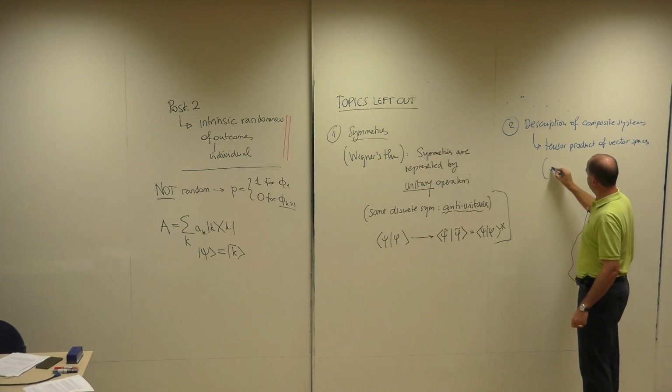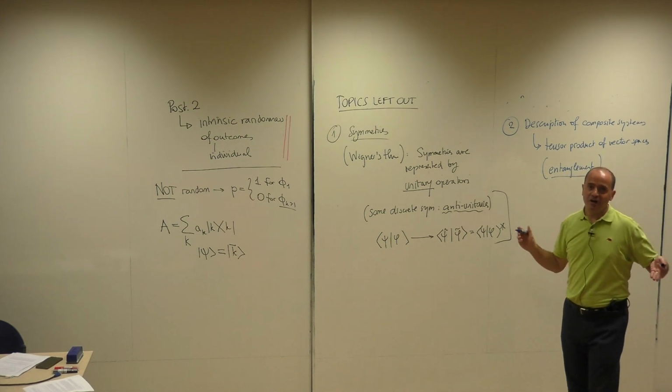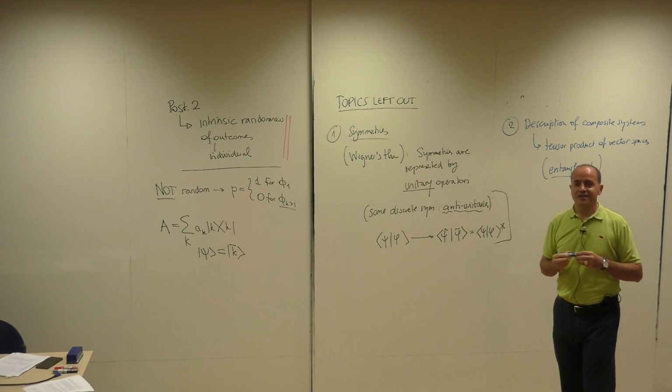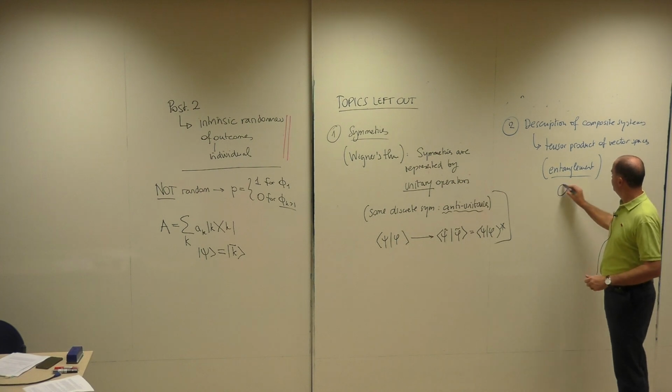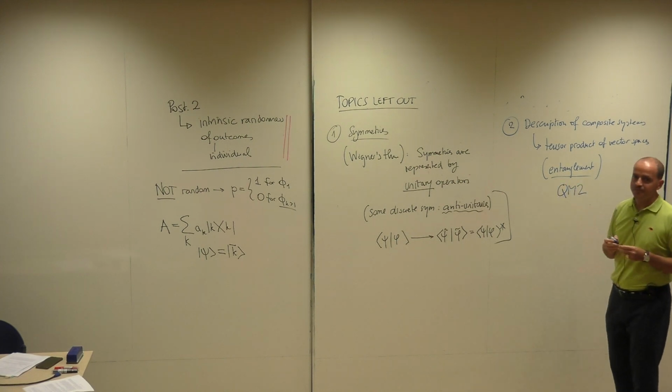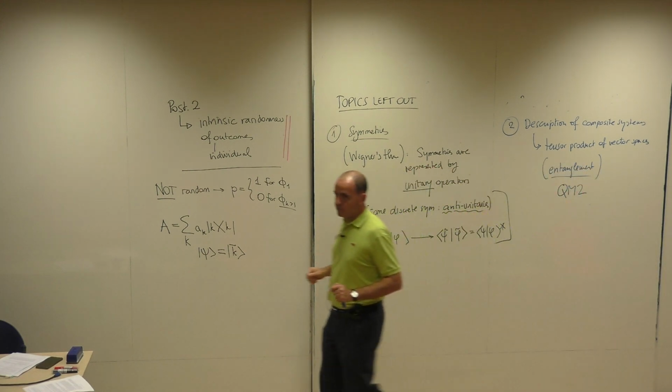And that's the context in which entanglement, that you have seen a little bit in 6 quantum pieces, appears. So, in other words, unfortunately, in this course, there is no more mention of entanglement, and you will see this in QM2. Okay, we can stop now.